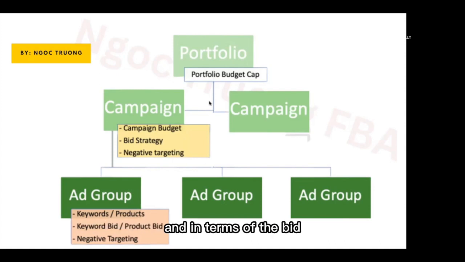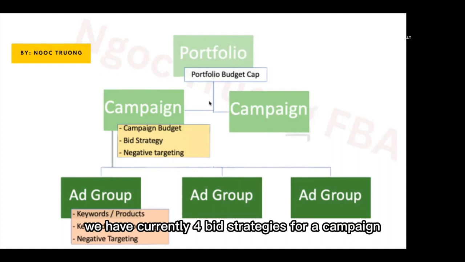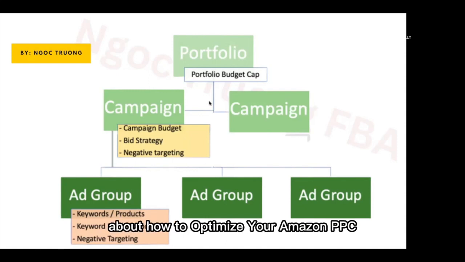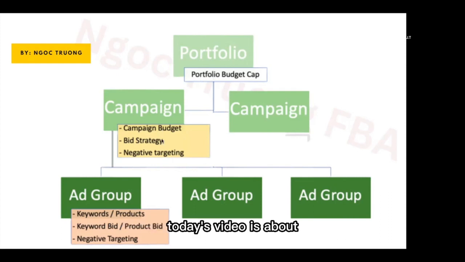And in terms of the bid strategy setting for the campaign, we currently have 4 bid strategies for a campaign, and I will talk about them in another video about how to optimize your Amazon PPC. Today's video is about an overview of Amazon PPC structure, right?